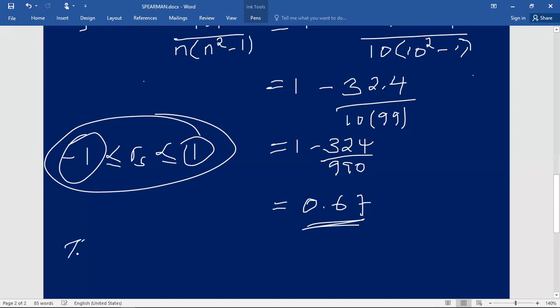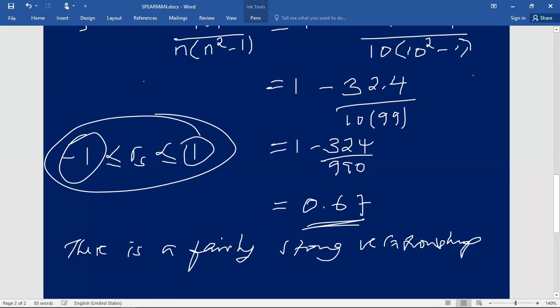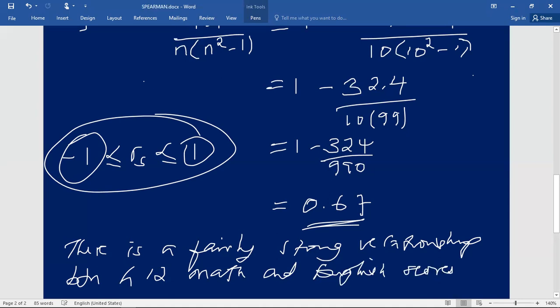So we'll say there is a fairly strong relationship between grade 12 math and English scores for a given grade 12 class, something like that.